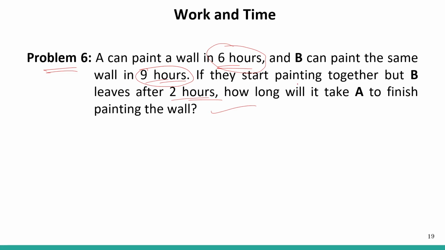So if they start painting together, but B leaves after 2 hours, in this question we have a tricky part here. That is, B leaves after 2 hours. Okay, so can you guess what we need to do? We'll have to break the problem into 2 parts: how their work rate is up to 2 hours and after that what it will become.